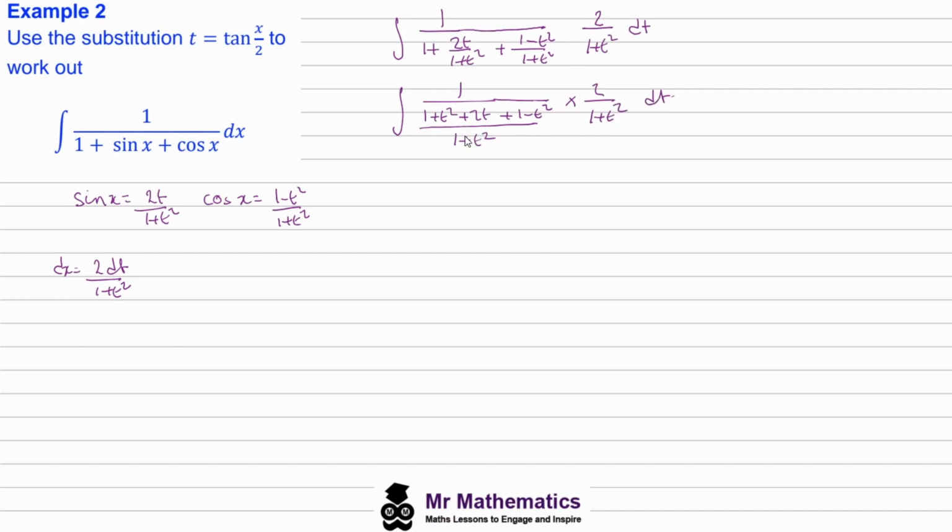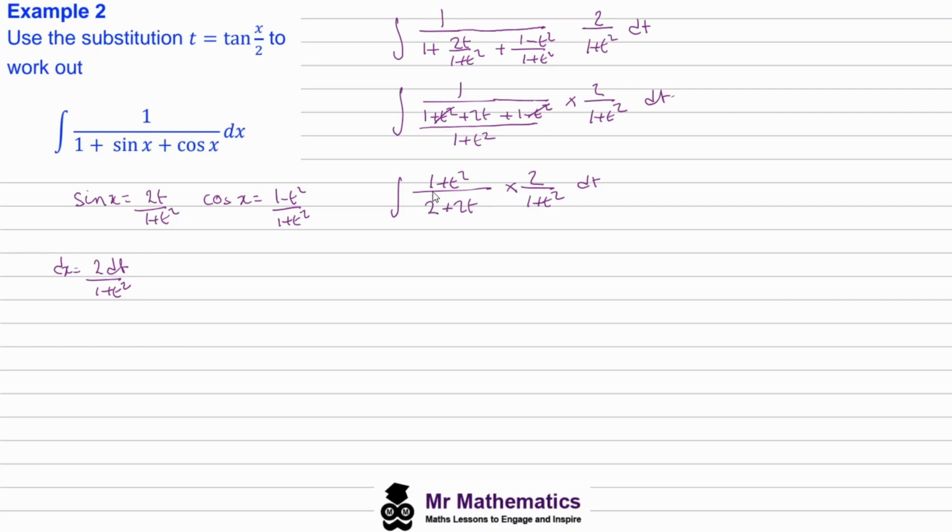And now I'm going to reciprocate this fraction and we'll tidy up this numerator here. So we've got 1 plus t squared over 1 plus 1 will make 2. This t squared will cancel with this one. So 2 plus 2t multiplied by 2 over 1 plus t squared and then dt.